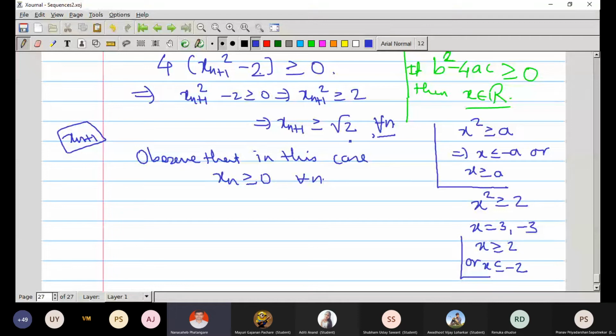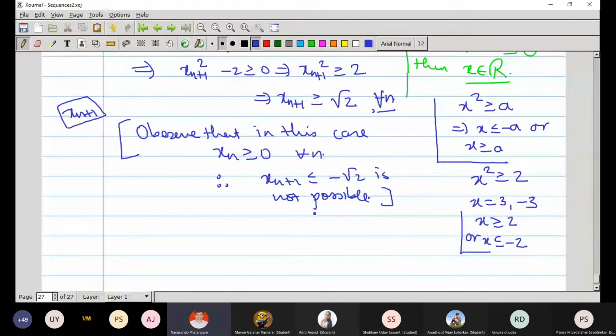Therefore, the negative choice is not there. Therefore, xn plus 1 less than or equal to minus root 2 is not possible, because we have already defined we are talking about a particular sequence. So in this case, the negative case is discarded.